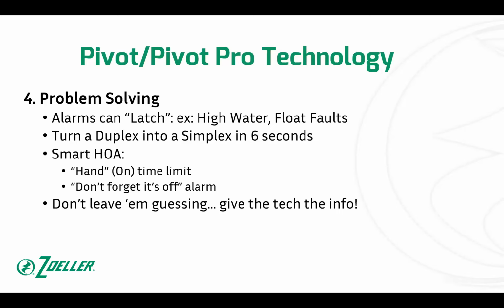The whole idea here, hey, we've got the smarts now built into the panel. Let's give the tech and the installer and the owner all the info we can. When they walk up to that panel, it's not just a globe, it's not just a horn. They're able to see on a Pivot Pro, they're able to see on a screen, and they're able to see corresponding LEDs that are blinking or different colors or whatever.